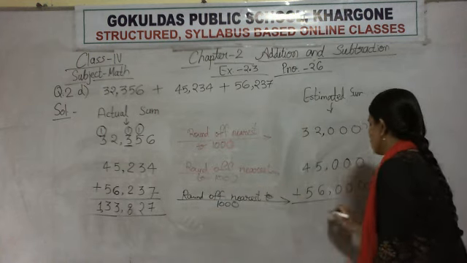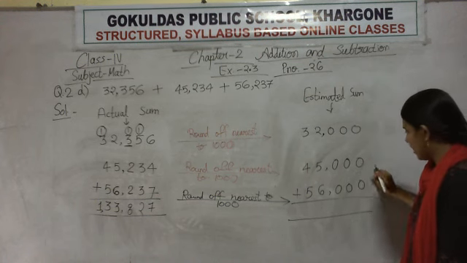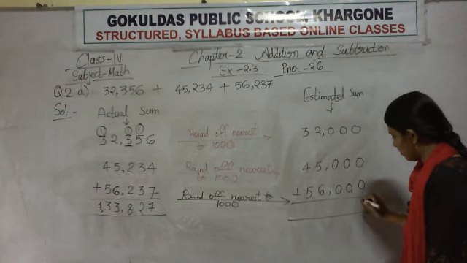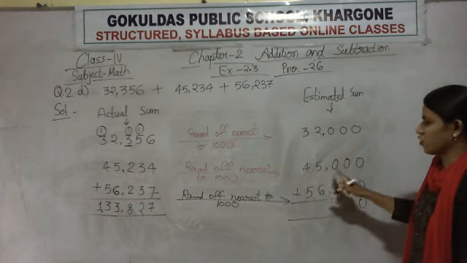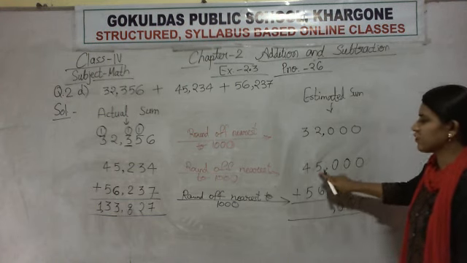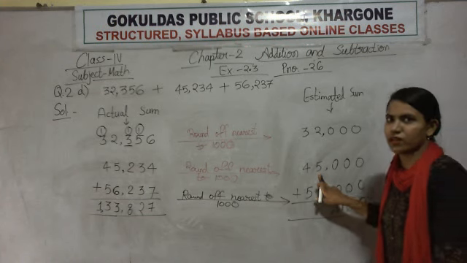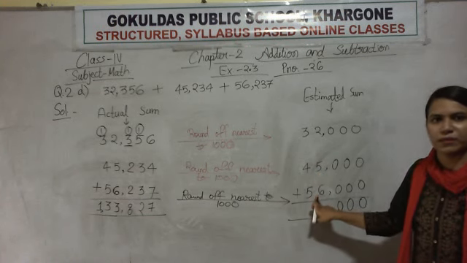Now find the estimated sum. Start adding the numbers. 0 plus 0 plus 0 is 0. 0 plus 0 plus 0 is 0. 0 plus 0 plus 0 is 0. Now add the digits. 2 plus 5 is 7. 7 plus 6 is, count.